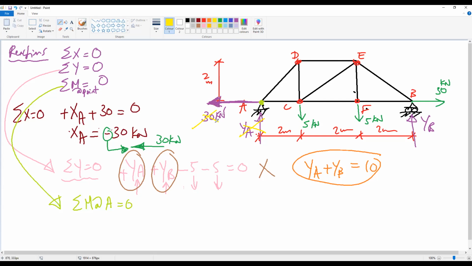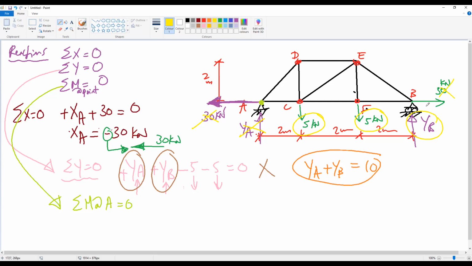What else doesn't have moment about A? This 30 kilonewton also because it passes through A. So the forces that make moment around A are 5 kilonewton, 5 kilonewton, and YB.